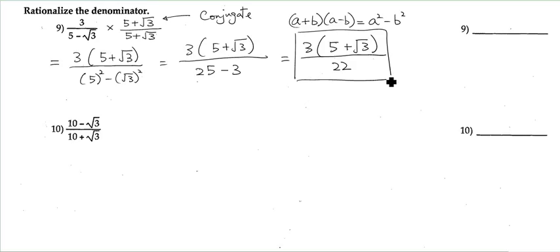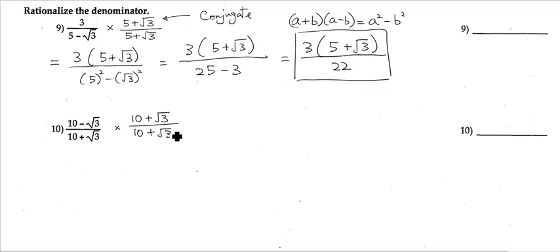Next one. How can I get rid of the radical in the denominator? We will multiply both top and bottom by the conjugate. What do you mean the opposite?